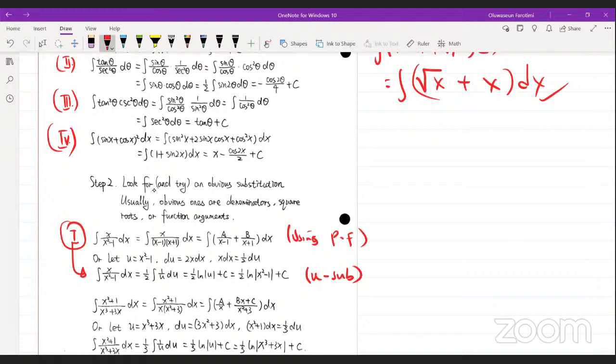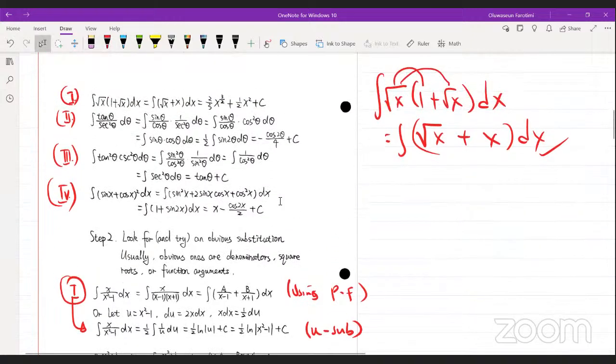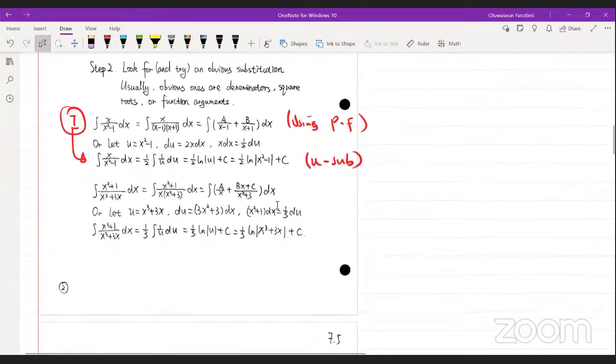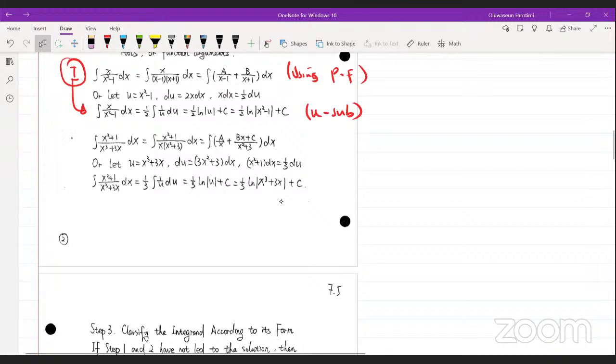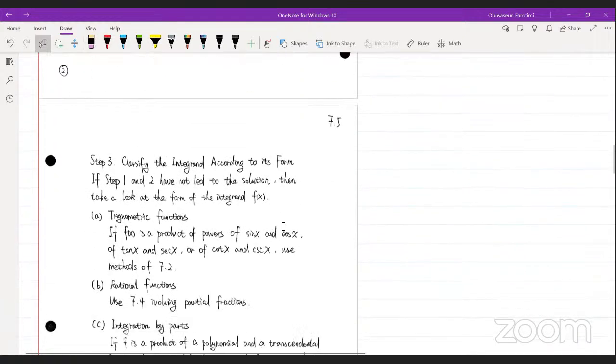So 7.5 is just like a summary, that's why I'm not spending a lot of time here. It's a summary of everything we've done before. If you look at example 2, this is still using partial fractions, PF. The other one is just using u sub. So that's step 2.